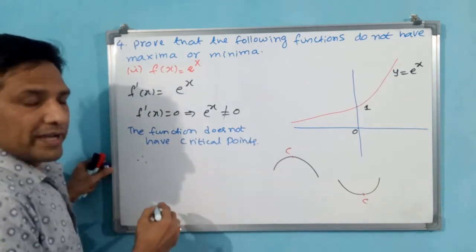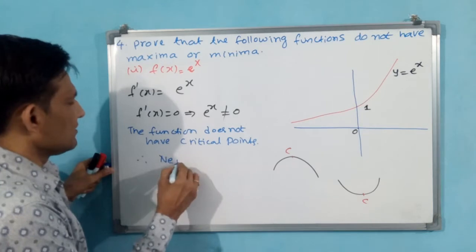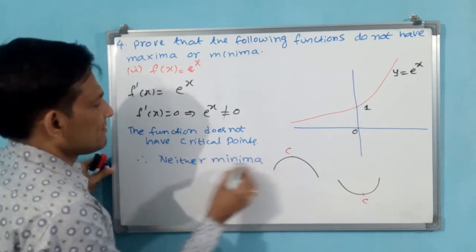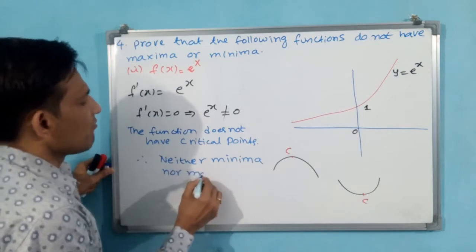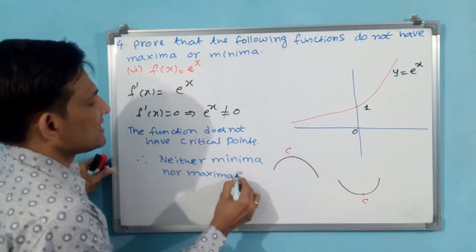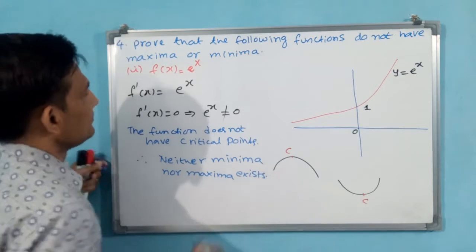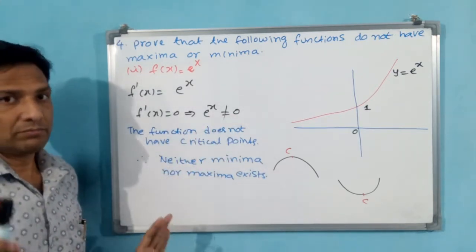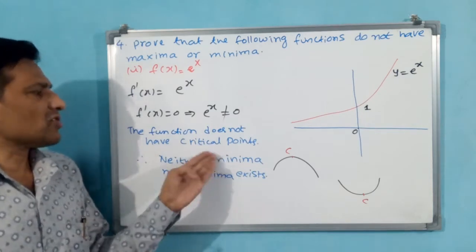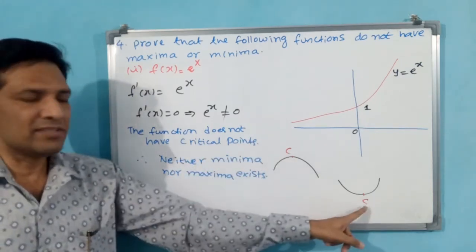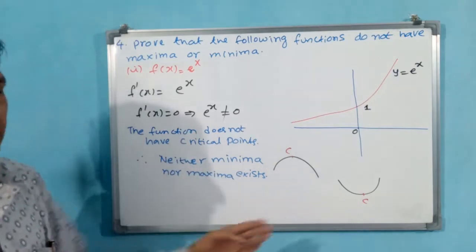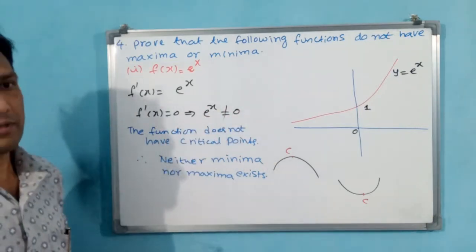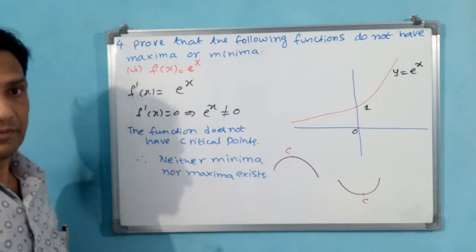Therefore, neither minima nor maxima exists. Keep in your mind that e power x cannot be 0. The function does not have a critical point. Before the critical point and after the critical point, the function should change, but here there is no change of function.